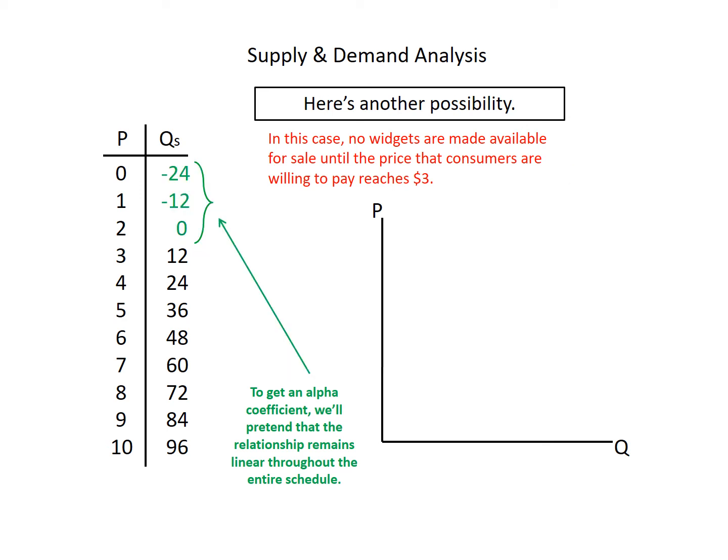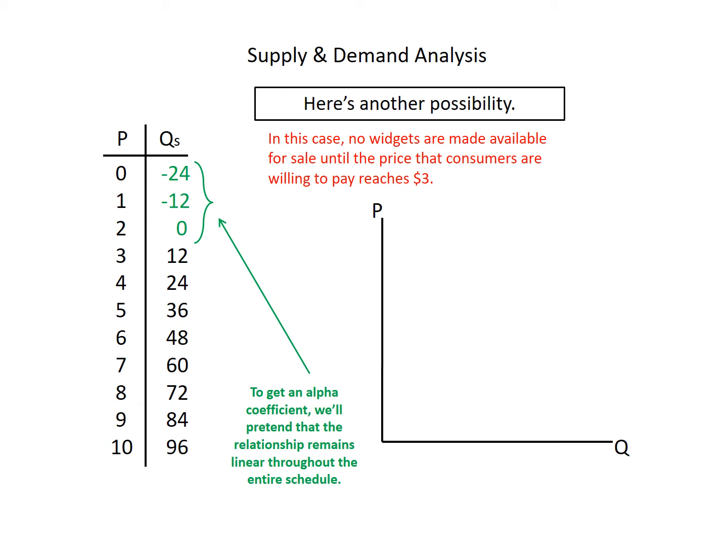So obviously the function will have to extend into the second quadrant of the graph. That's where the values on the vertical axis are positive, but the values on the horizontal axis are negative. And you can see on the schedule that when P falls from 2 to 1, quantity supplied must fall from 0 to minus 12 in order to keep the relationship linear.